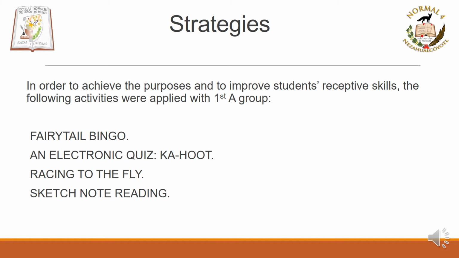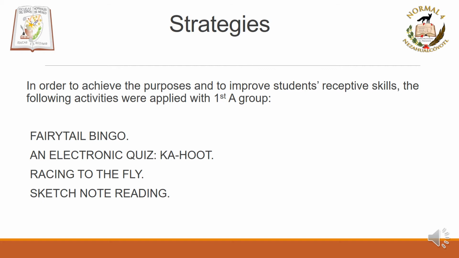I mean, with bingo too, but this one is kind of a new strategy because they have never worked with the internet for study. It worked because students really learned a lot with it. Of course, there were some little failures with electronics because these are electronic devices and we cannot control them as we would like, and with the internet service.